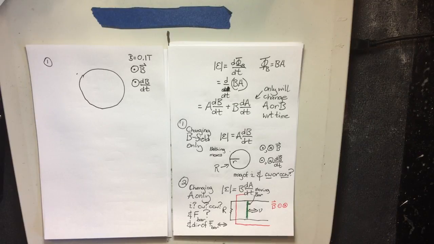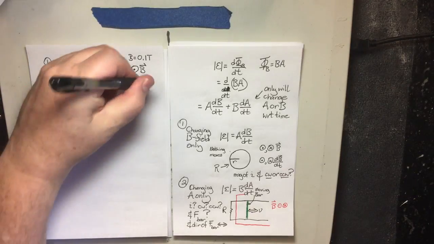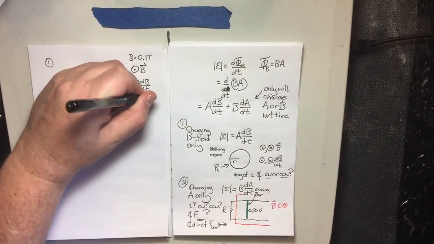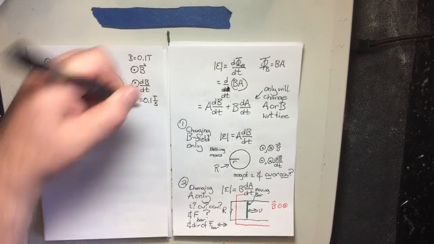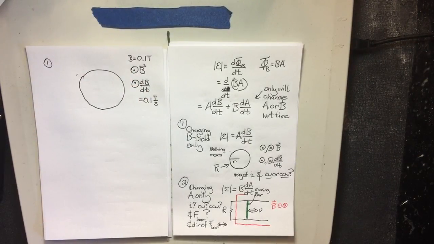And at 1 second, 0.2 Tesla, at 2 seconds, 0.3 Tesla, etc. Its dB/dt is 0.1 Tesla per second. The change in the magnetic field, magnitude-wise, is 0.1 Tesla per second, and because the B field is going out of the page and getting stronger out of the page, that dB/dt is also outward.